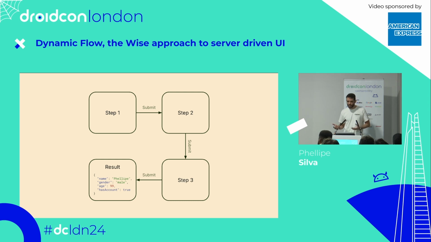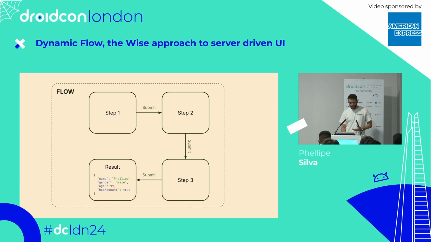You might need as well to handle state or pass state from one screen to the other. So things can get way more complicated. And in the end, you need to build some sort of flow-like experience where you have an initial screen and a finishing result.